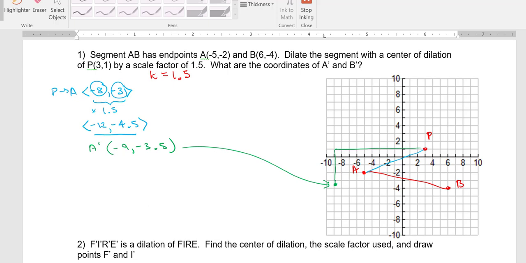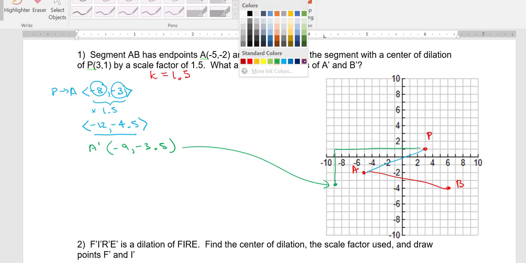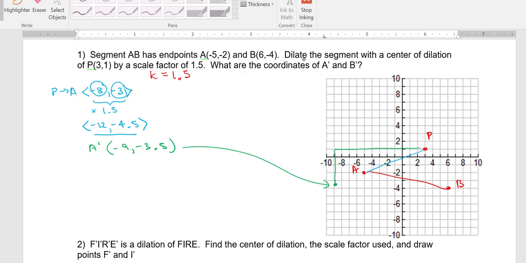And I can do the exact same thing for my B coordinate. Let's go ahead and do this quickly. P to B is going to be negative 3 in the x direction, negative 5 in the y direction. Multiply that by 1.5. So P to B prime is going to be negative 4.5 in the x direction and negative 7.5 in the y direction.